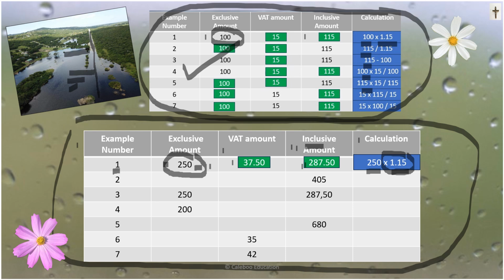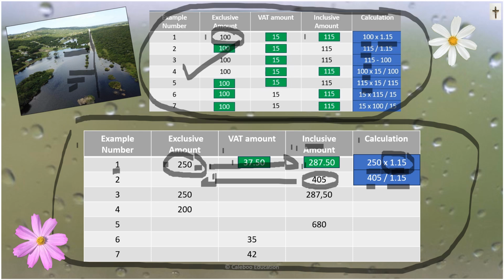Now I've gone from the exclusive to the inclusive by multiplying by 1.15. If I want to go from the full amount, the inclusive amount, to the exclusive amount, what I need to do is the opposite. So I say the full amount now divide by 1.15.